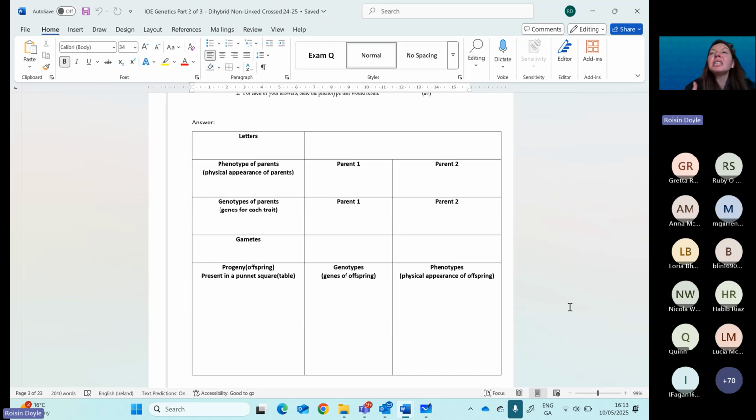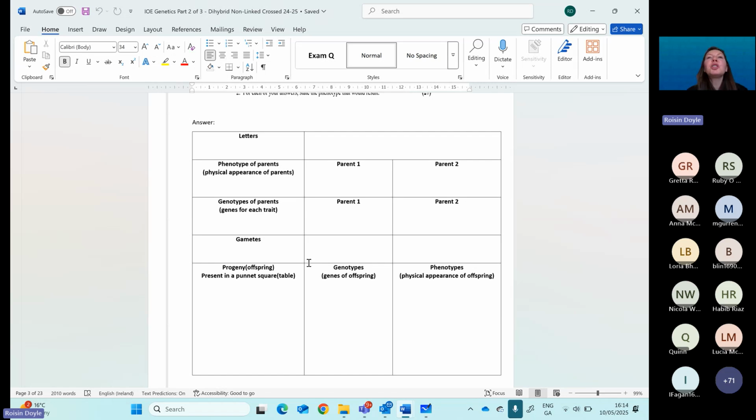They said they find it invaluable. It guides them. It's like a step-by-step guide through a genetic cross. But my sixth year students that have just gone out, they're now in first year in university. What they say to themselves is they learnt this template off by heart.